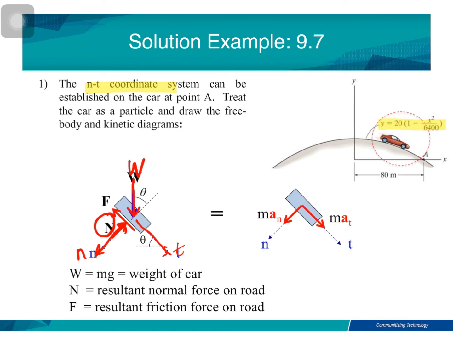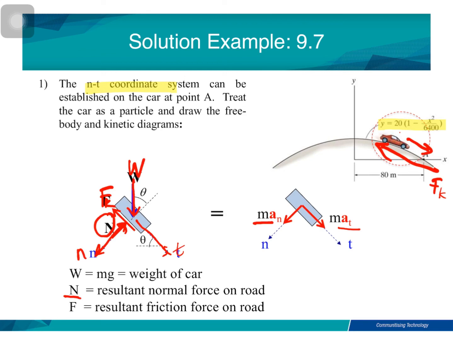Then you have the friction, which must be in the opposite direction to the moving car. This equals m a_n and m a_t. So you solve summation Fn equals m a_n, and summation Ft equals m a_t. The question asks us to get N, the normal force on the road.